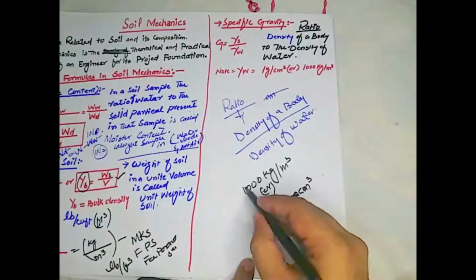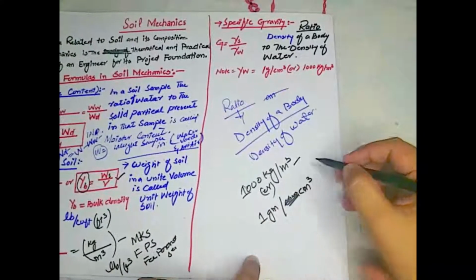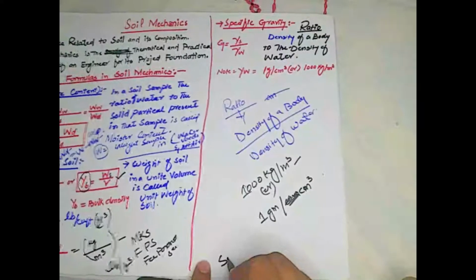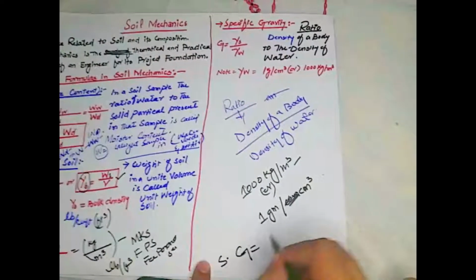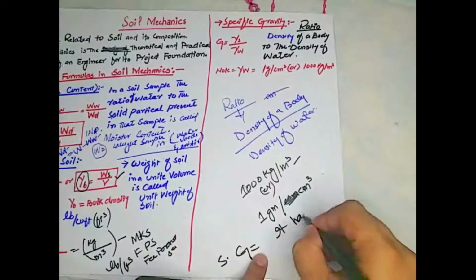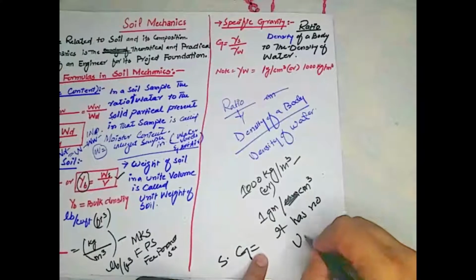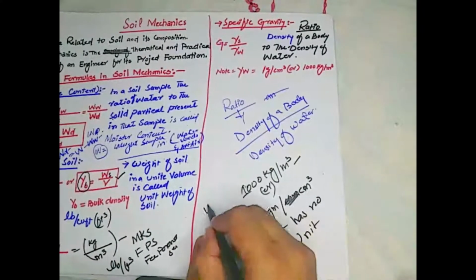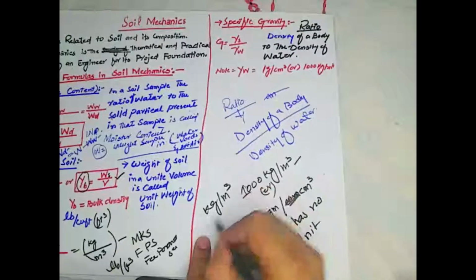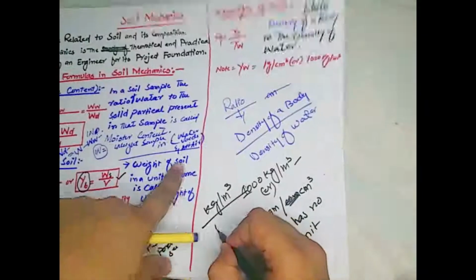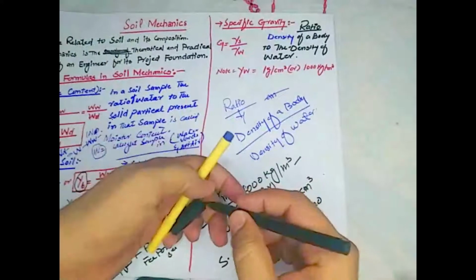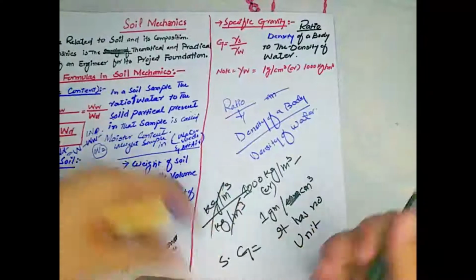So this is constant, and specific gravity is denoted by G, and it has no unit, because the density of a body in kg per cubic meter is divided by the density of water in kg per cubic meter, so these both cancel.